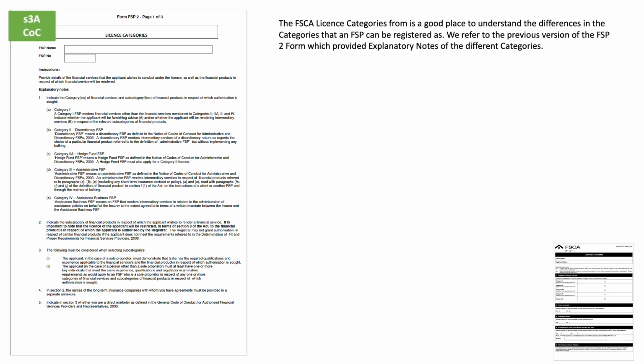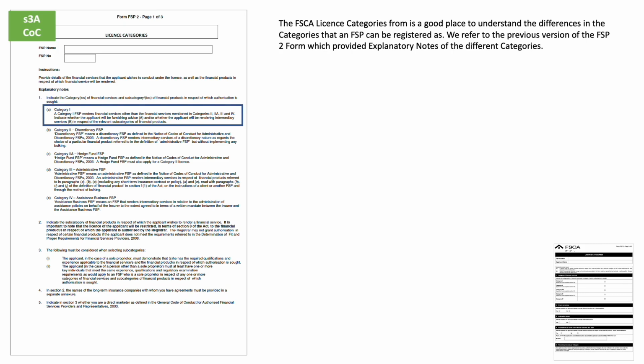The FSCA license categories form is a good place to understand the different types of categories that an applicant FSP can be authorized for. We refer to the previous version of the FSP2 form, which provided explanatory notes of the different categories.